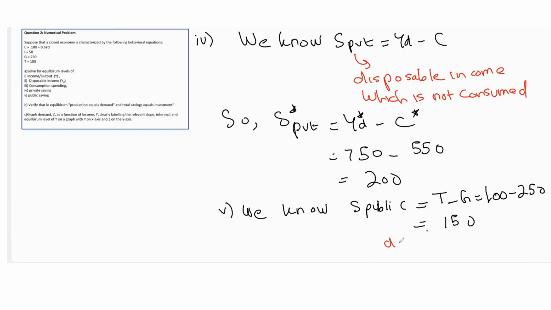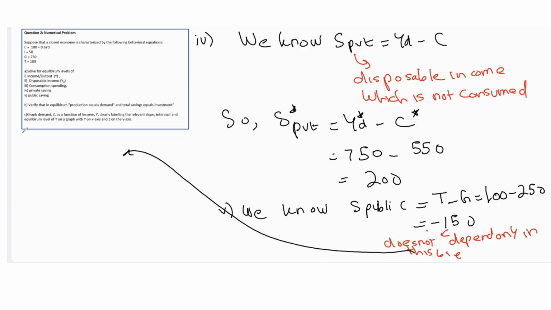Because taxes are lump sum and G is exogenous, public savings is always minus 150 regardless of whether you are in equilibrium or not, so it's also minus 150 in equilibrium. This is how we found all these values in equilibrium.